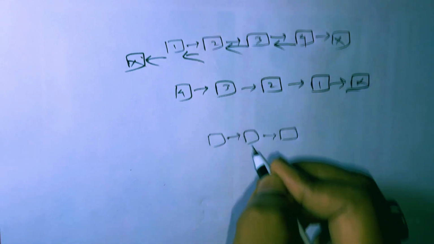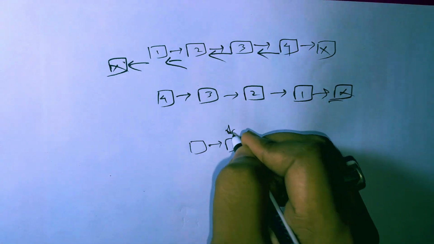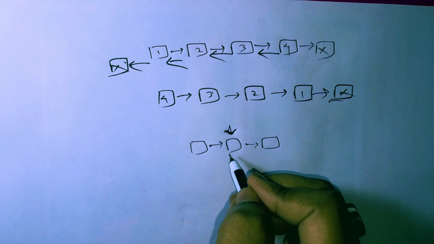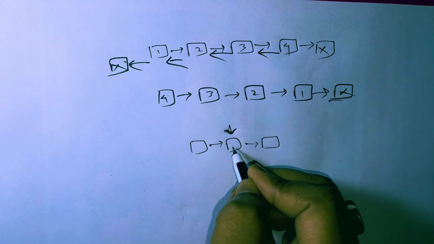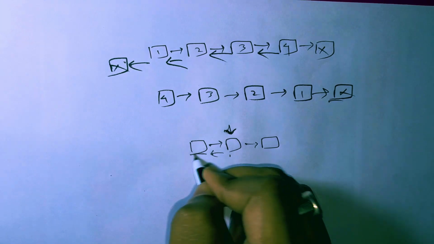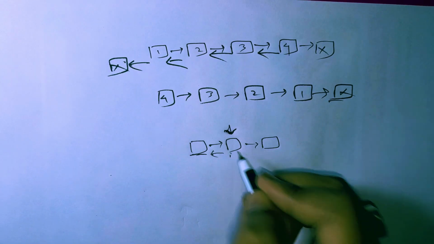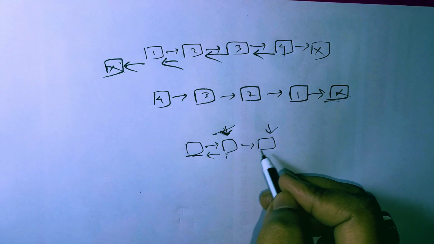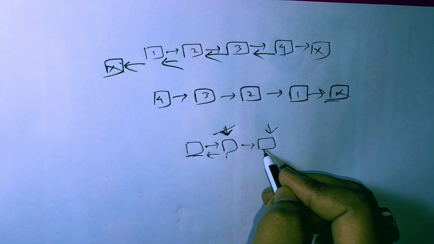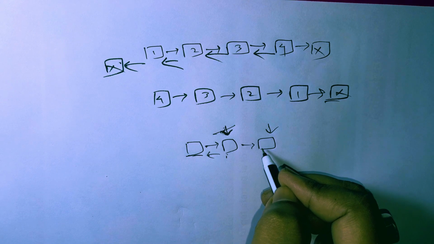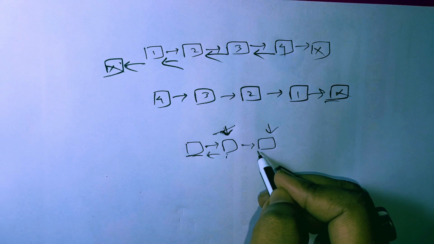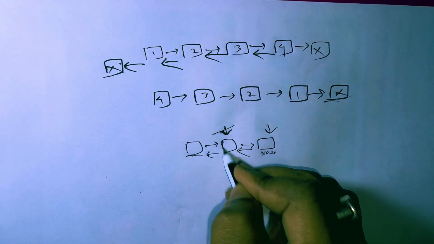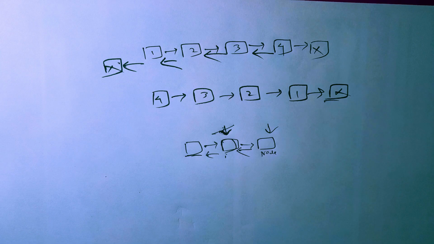When you are at this node, this node's next will point to this one, and you will move this pointer to here, and in the same way you will do this, and this node's next will be this. This way you will do it.